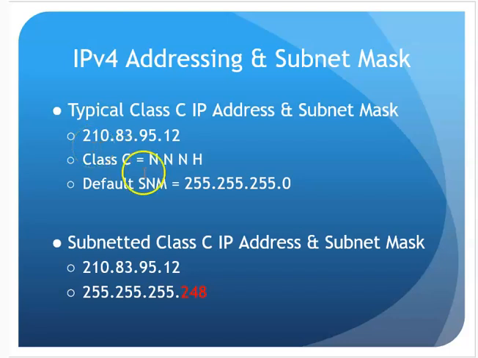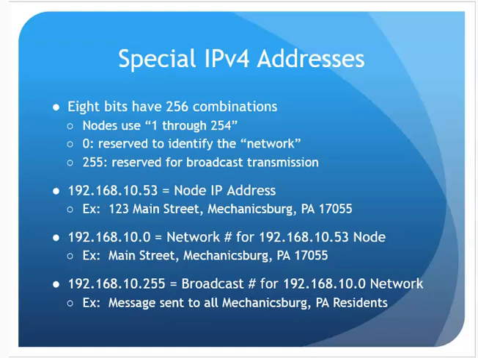We know it's a Class C, so we would be expecting the first 3 octets are assigned and the last one is host, so 255.255.255.0. That's what we'll be expecting. If I see a Class C address and I see a subnet mask of 255.255.255.248, we know something is going on to organize this network. So we want to recognize the normals, so when these different numbers pop up, we know something has occurred and we can dig in and figure out what's going on.